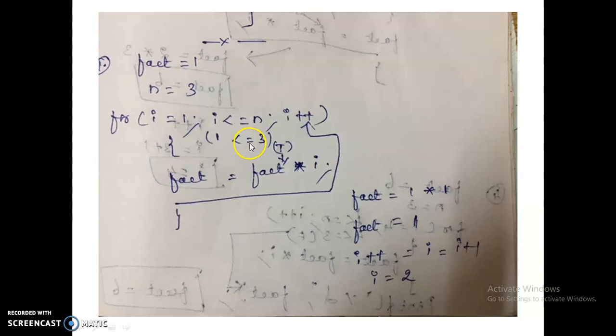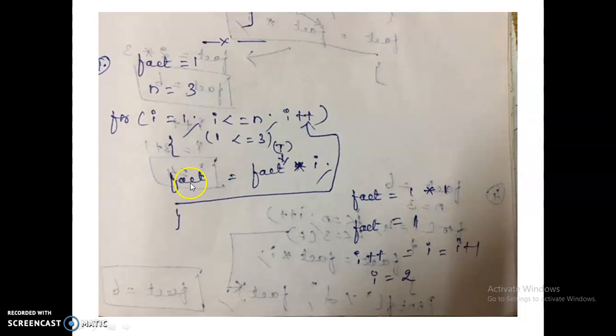The condition is checked. If the condition is true, and yes, this condition is true, it enters into the body of the loop. Inside the body of the loop, the statement is fact equal to fact into i. This statement is processed. The value of fact is 1, i is also 1, so 1 into 1, and the value 1 is assigned to fact.